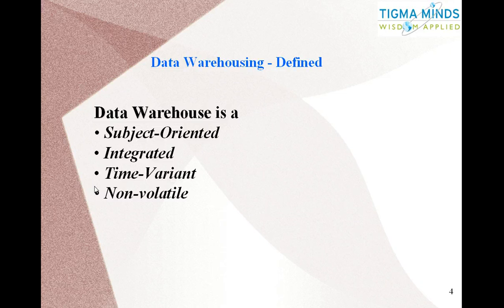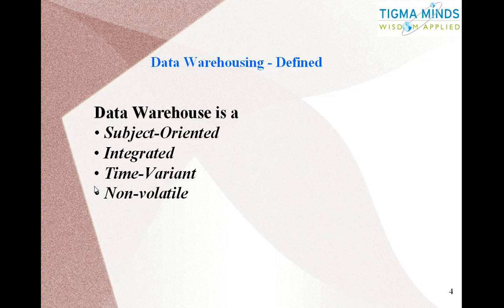Now let's talk about integrated. What is the exact meaning of integrated for us? Suppose in India itself we have four regions: east, west, north and south, and every region is generating sales data. East has its own sales data, west has its own, and similarly north and south.